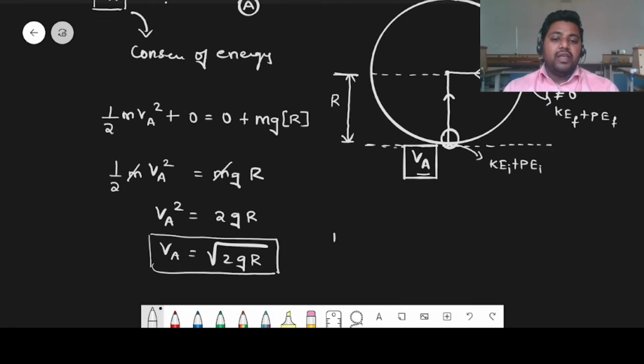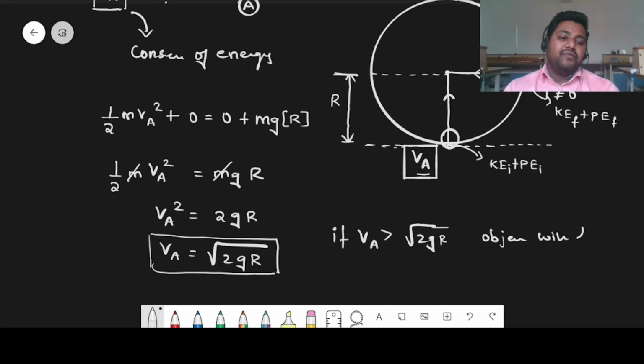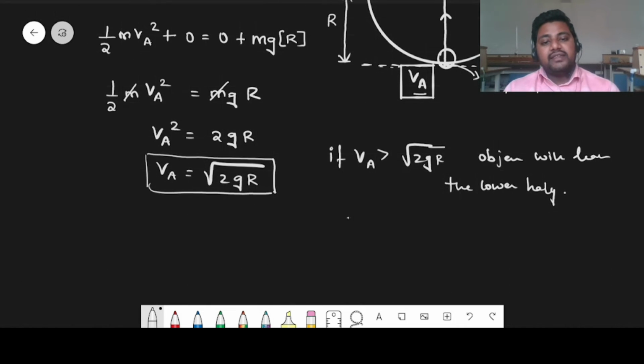If Va is greater than root 2gr, then the object will leave the lower half. If Va is lesser than root 2gr, then it will be oscillating in the lower circle.